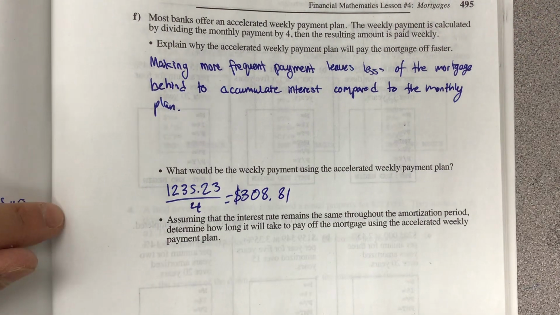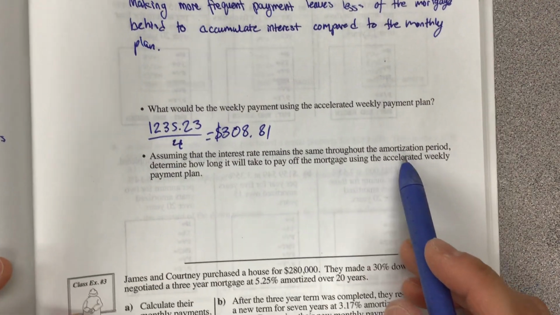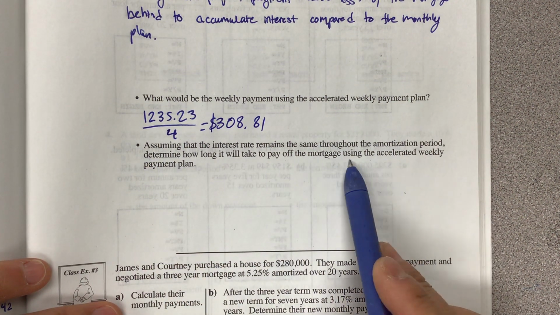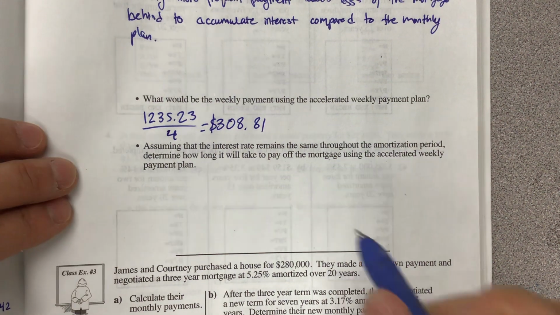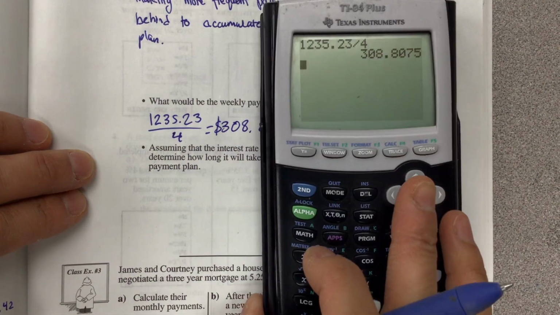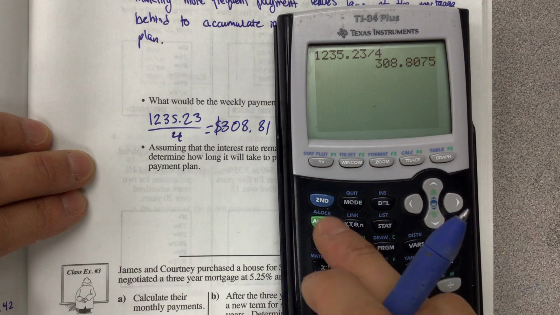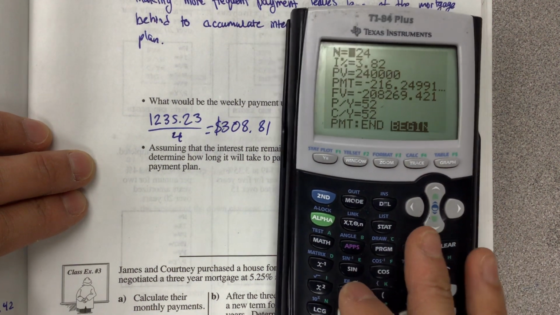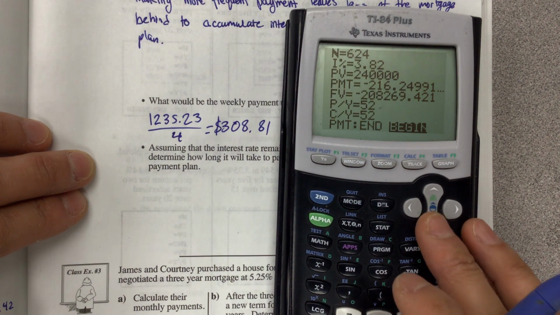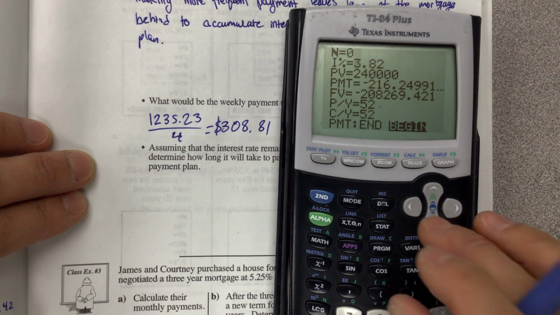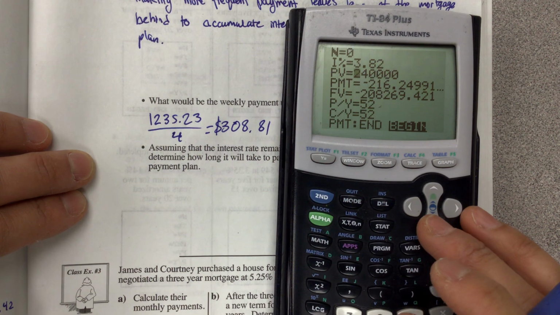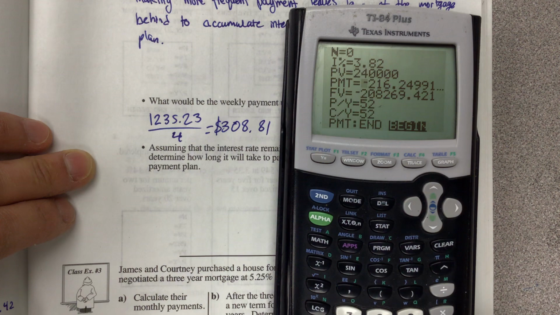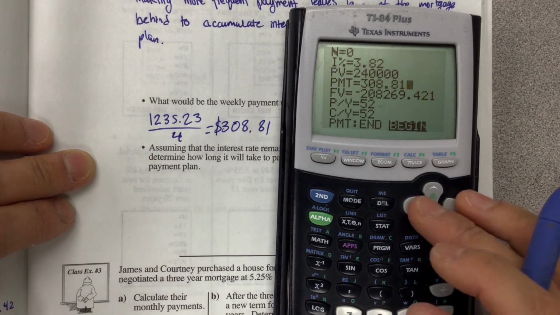Now, assuming the interest rate remains the same throughout the amortization period, determine how long it will take to pay off the mortgage using the accelerated weekly plan. Using our accelerated weekly plan, the value of N is what we're looking for here, so I'll leave that as 0, 3.82, 240 still. The payment is no longer 216, it is 308.81.